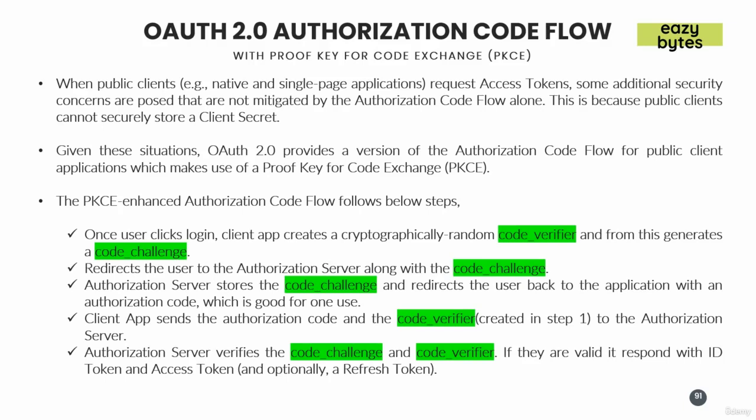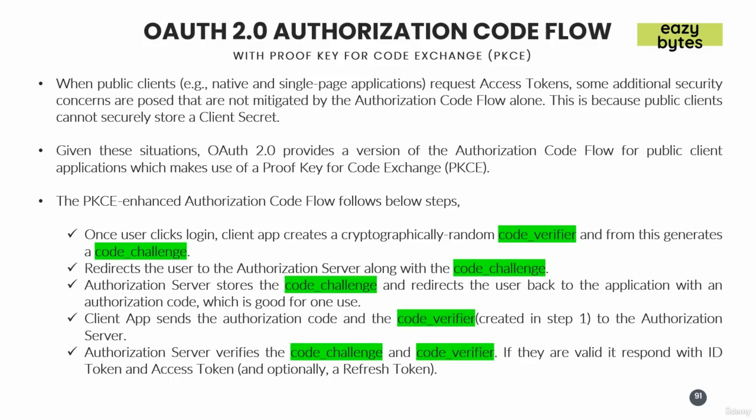During the first interaction with the authorization server, my client application will only share the code challenge, but it will not share the randomly generated code verifier, because using the code verifier only, you can validate whether a code challenge is valid or not. So my code verifier is indirectly acting as a client secret. Instead of having a dedicated client secret that always remains the same, in this approach my client application generates a random code verifier every time.